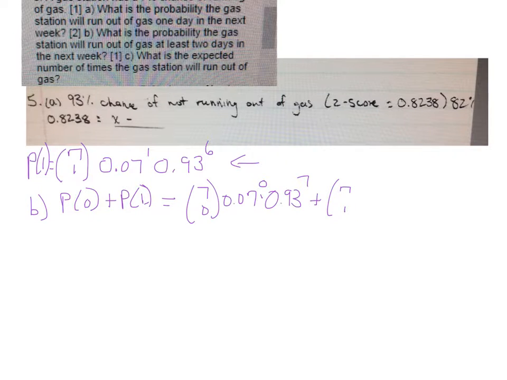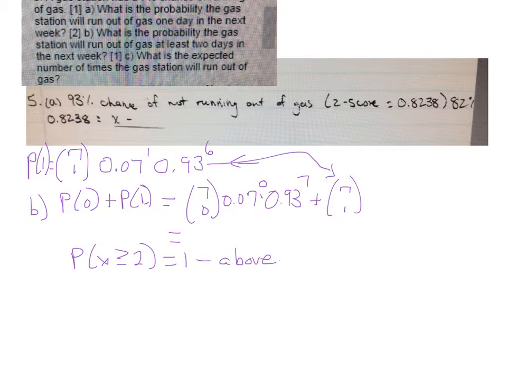Oh, we already did that one, P1. That was the one from above, sorry. So we've already worked that out. You can just put it in there. Whatever that equals, the probability that x is at least 2, which means greater than or equal to 2, is going to be 1 minus whatever you got in the line above. That's the easiest way to handle it when it asks for at least, okay?